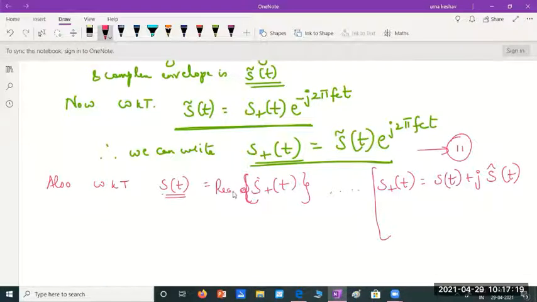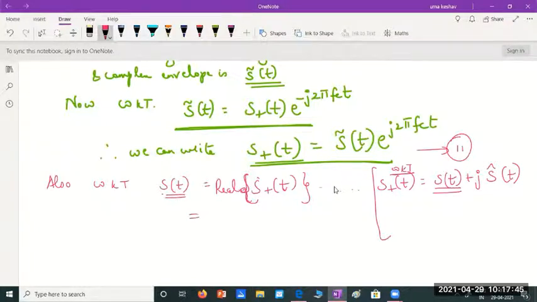It would be just the real part. Yes or no? S of t, the given signal, represents only the real part of the pre-envelope S plus of t. Please understand this. This is what we write as the expression for the pre-envelope. Therefore, the given signal S of t will be the real part of its pre-envelope.